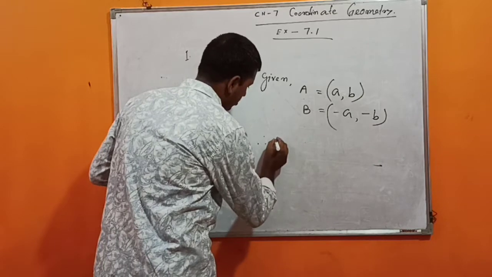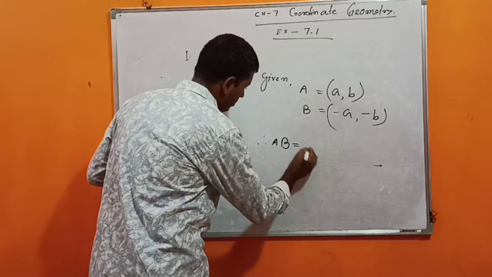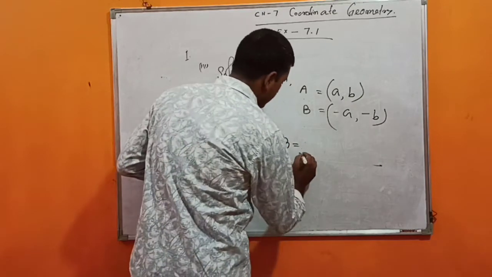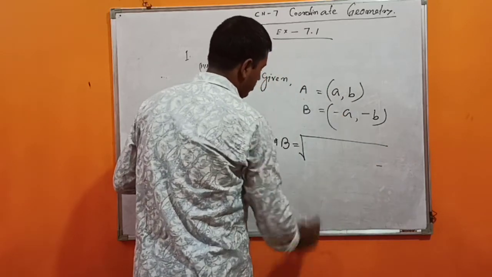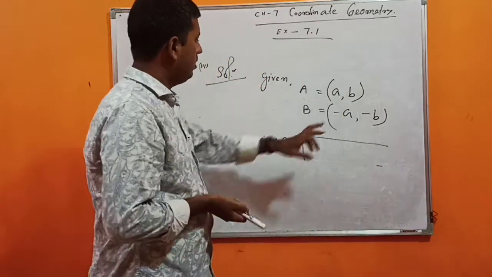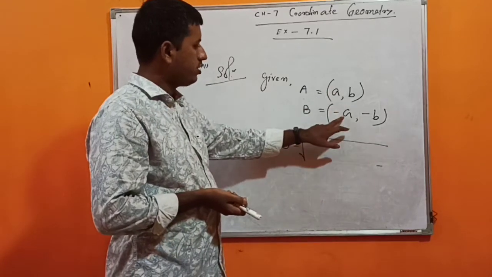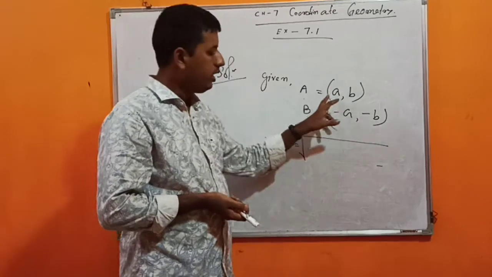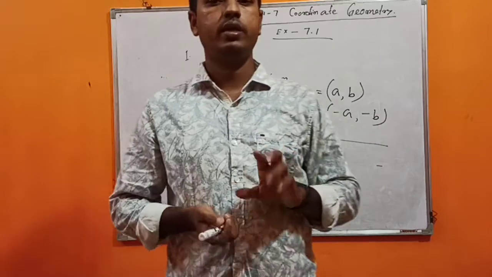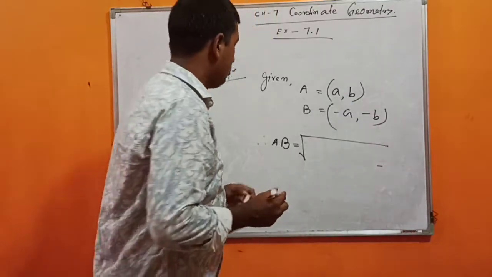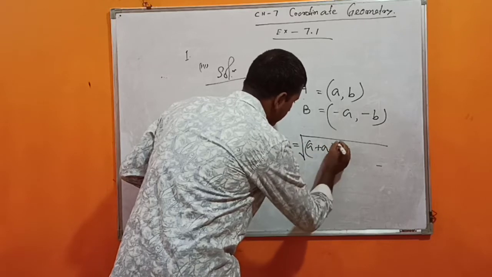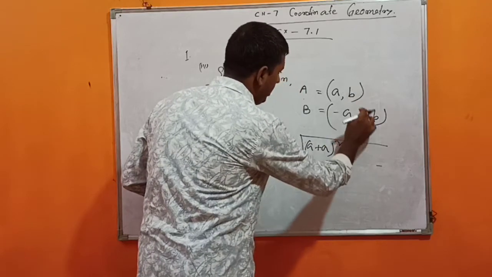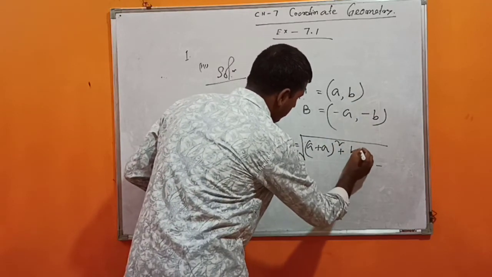Therefore AB, the distance between A and B, is equal to root over (x1 minus x2) whole square. Look at this, x1 is A and x2 is minus A. So A minus minus A will be A plus A, so (A plus A) whole square. Similarly, B minus minus B means B plus B, whole square.